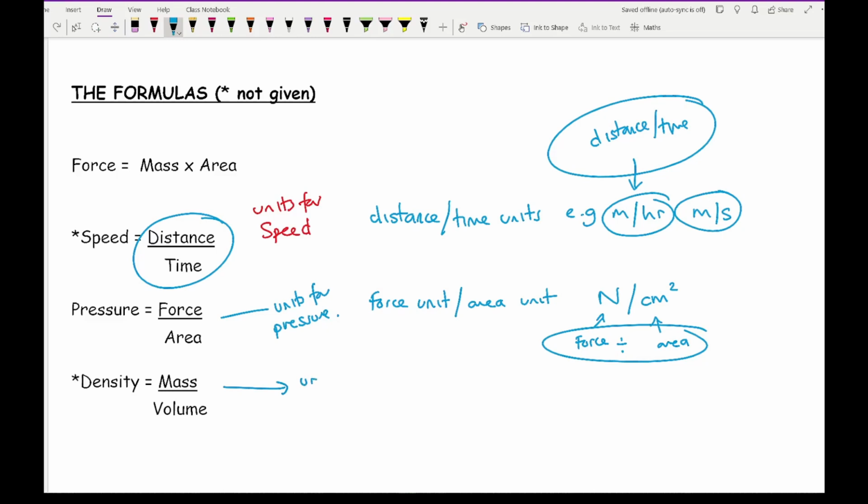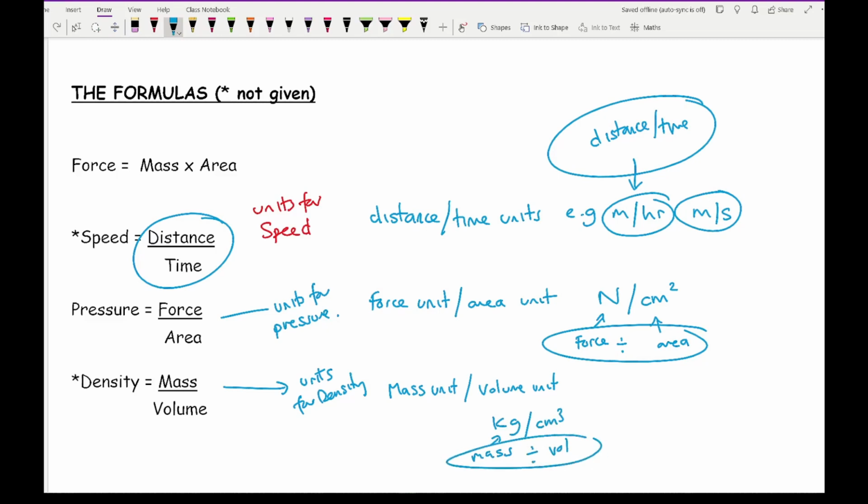So here the units for density is going to be a mass unit or weight unit per volume unit. So you could have kilograms per centimeter cubed, in which that's mass, that's volume, divide, and you've got the formula. So again, a nice little way of letting the exam paper give you the information that you need.